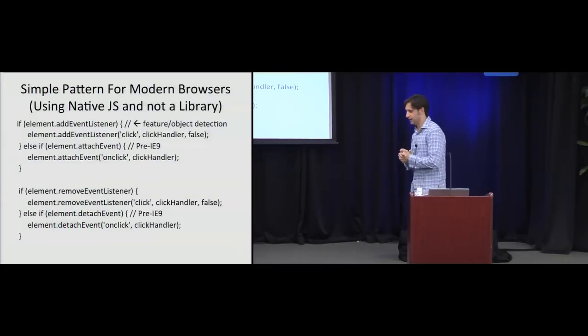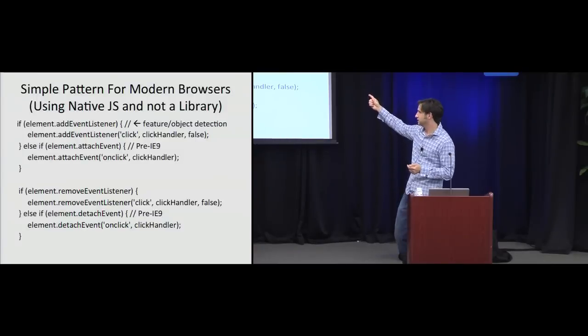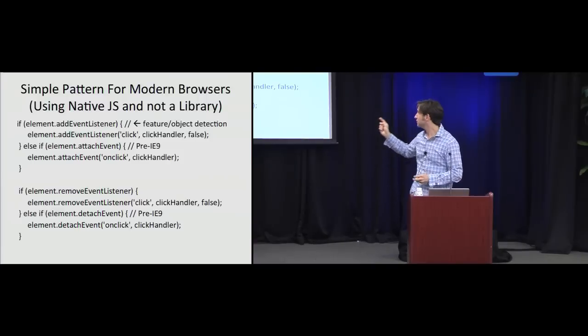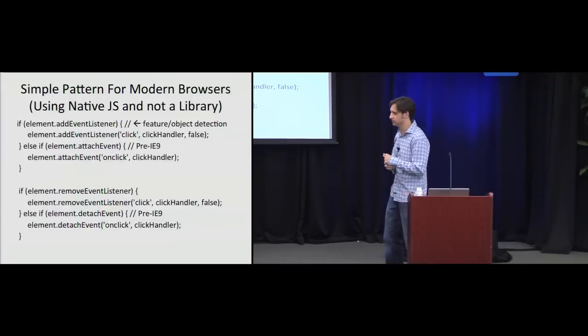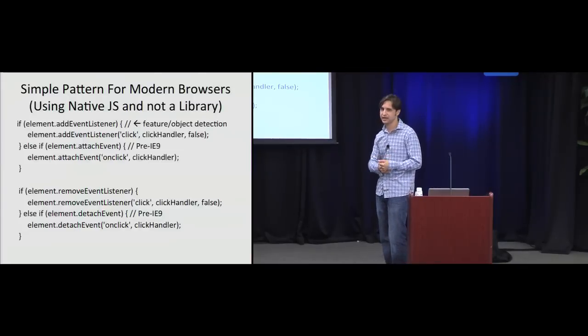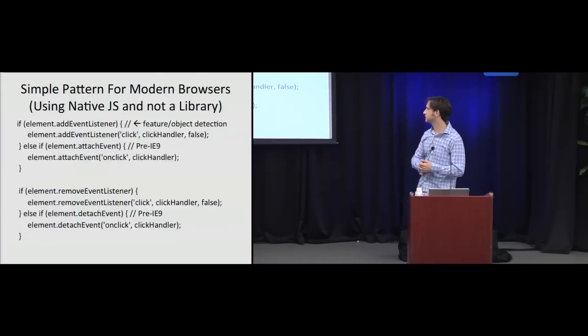So how do you actually attach things? Well, the concept, which you'll probably hear a lot in JS Bootcamp, is feature or object detection. What used to be very common in JavaScript is that you would say, is this IE 6 or is this Netscape 4 or something like that, then do something. The best practice now is to look for objects, see if they exist, and then follow through.